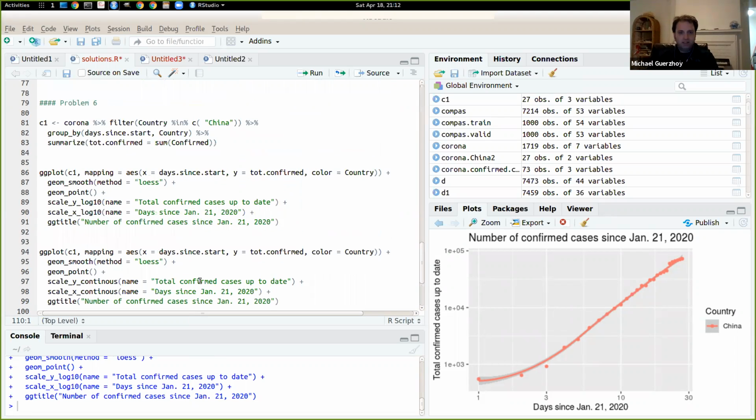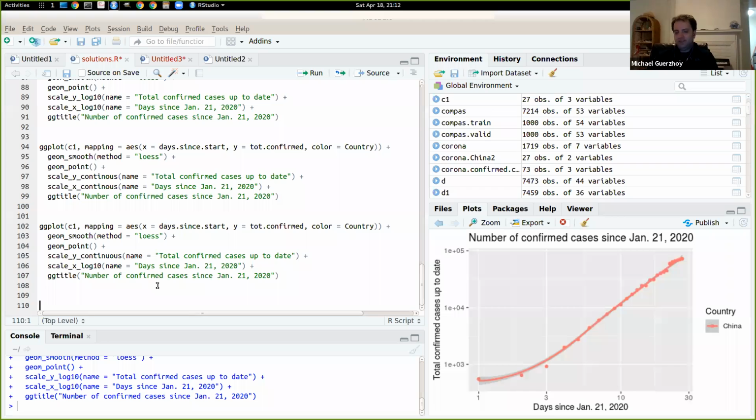So C1 is my data set, right? My fit1 is going to be LM, and I'll predict the number of confirmed cases. It's just China, so I don't need to worry about much of anything. So it's going to be confirmed based on days since start.